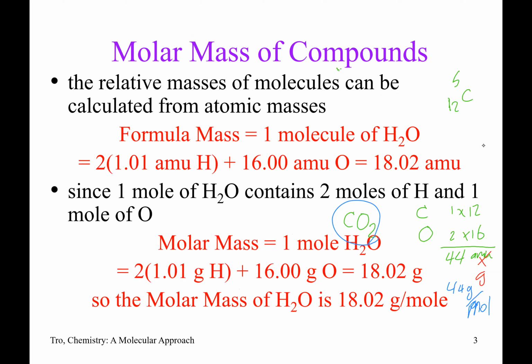So when you talk about molar mass, it means mass for 1 mole. It's something small, but you need to know the difference between the AMU value and the gram per mole value, because in everyday conversation you might use all these numbers loosely.